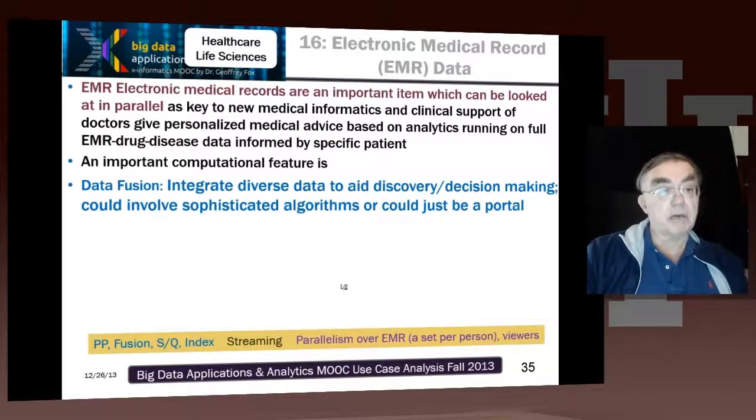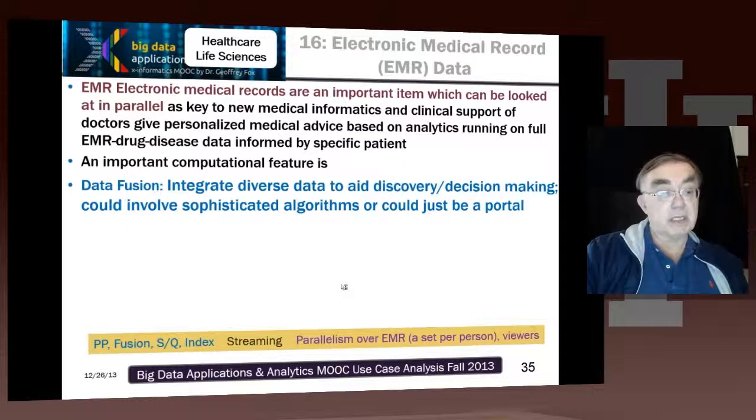It's interesting to note that the EMRs have one key feature, which is the patient. And being able to collect together all the information for a given patient is pretty important. And sometimes the parallelism will not actually be over individual electronic records, but rather over all of those records associated with a particular patient.